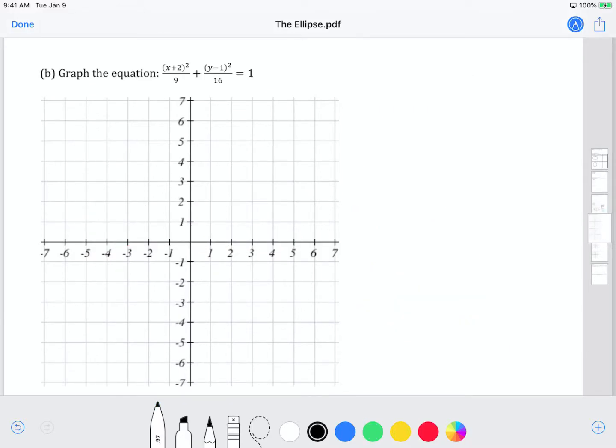Okay. In example B, if you notice, the bigger number is under the term with the y. So in this example, the major axis is going to be vertical. My center is going to be -2, +1 because this has been shifted.